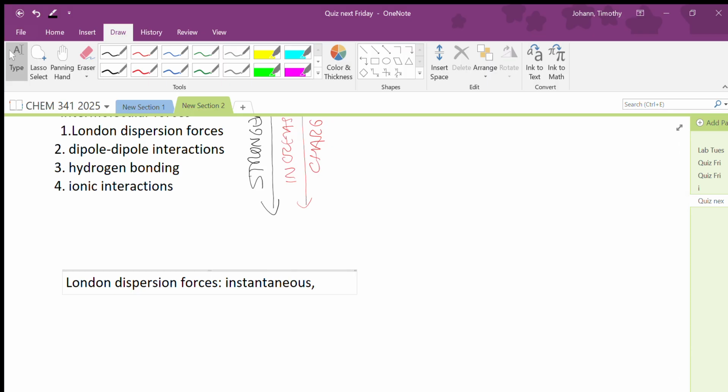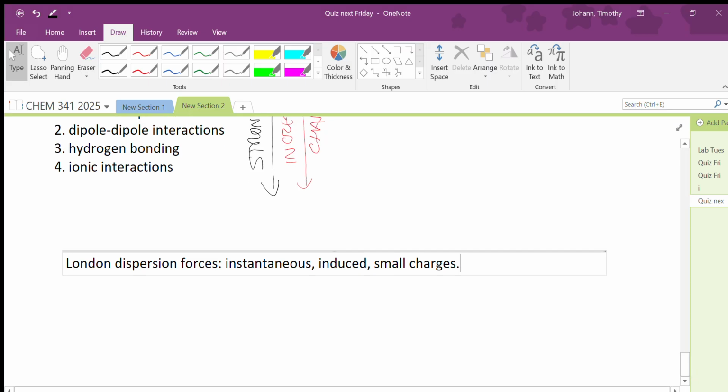I'm going to say instantaneous, I'm going to say induced small charges. So an example of this, let's say we had an argon atom, but this happens in anything, period.